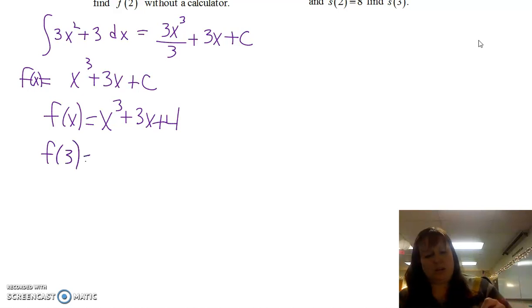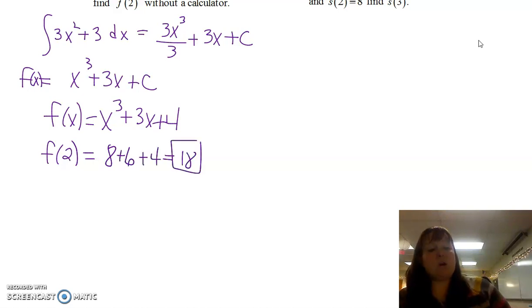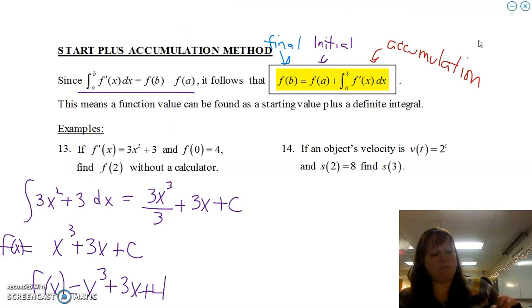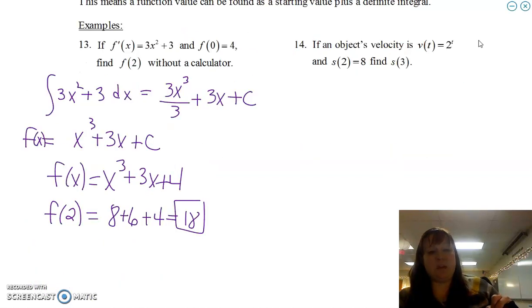Sorry, why did I say 3? It's 2. f of 2 equals 8 plus 6 plus 4, so that's 18. So the value of this function at 2 is 18. So this is method number 1. That's the first way of doing it.